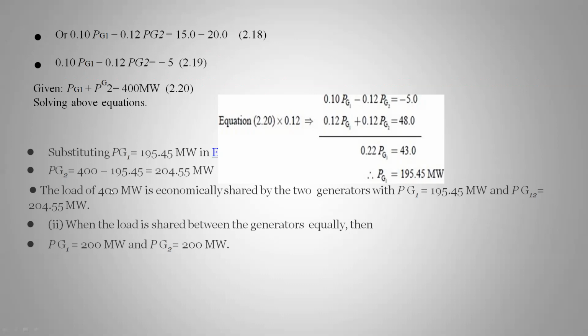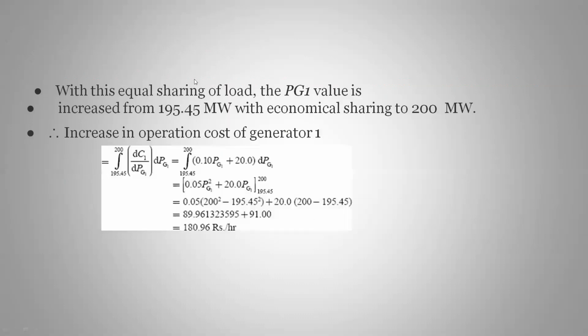The load of 400 megawatt is economically shared by the two generators with Pg1 195.45, Pg2 204.55. What is the given? Pg1 is 200, Pg2 is also 200. Okay, so with this equal sharing of load, the Pg1 value is increased from 195 to 200.